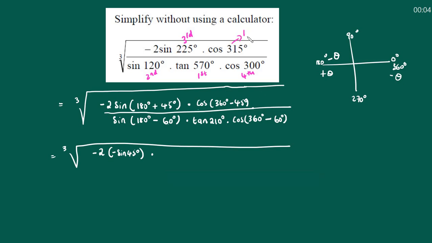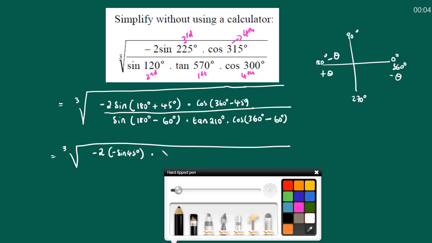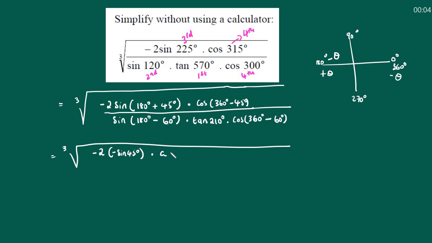It's also in the fourth quadrant, okay? And we know that in the fourth quadrant, cos is what? It's positive, so your answer would be cos 45 degrees divided by sine 180 minus is positive. All right, since it's positive because it's in the second quadrant, so we say positive sine 60 degrees.